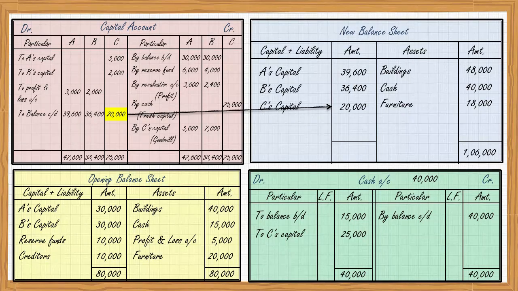And there was one item of reserve fund on liability side, but it has been distributed. I mean to say it has been transferred to the capital accounts of old partners. Now it is no more. And creditors, previously its value was 10,000 and still it's the same value, that is rupees 10,000. So in this way, the total on both sides is rupees 1,06,000. It means our question is all right.